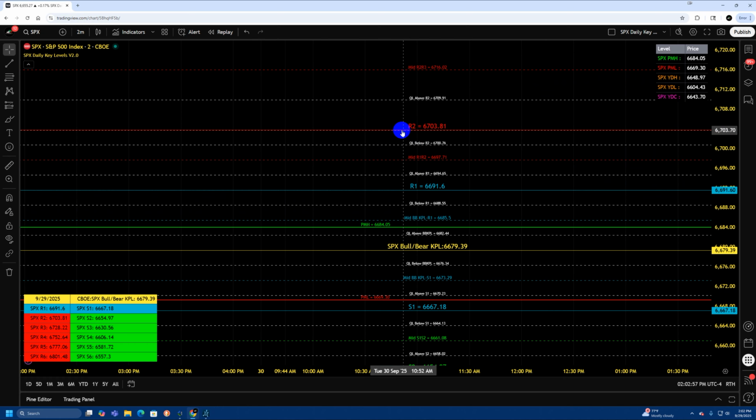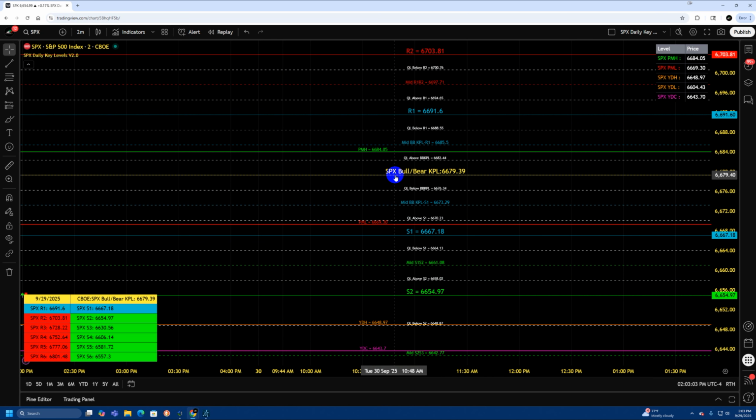Bearish trade off of R2, looking to go down, your standard stop loss is mid R2, R3. Bearish trade from the BBKPL, your standard stop loss is the mid BBKPL R1, because that's the first midpoint above it. A bearish trade taken from the S1 level, your standard stop loss is the first midpoint above S1.